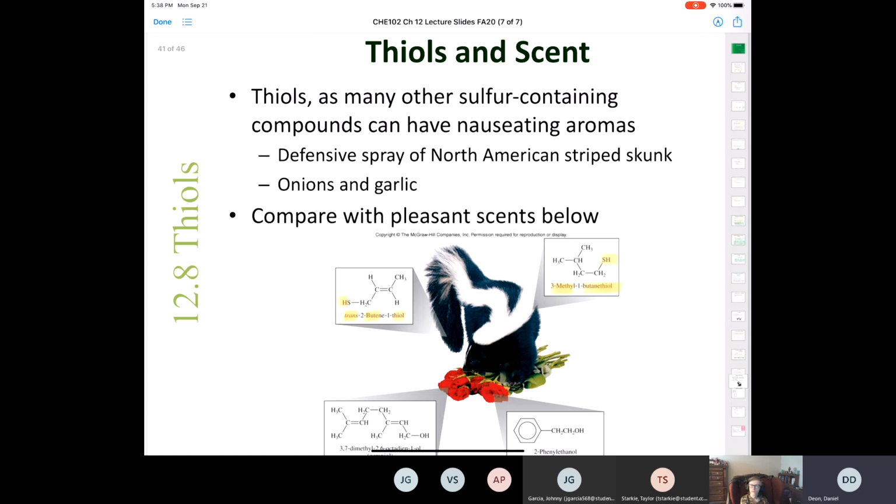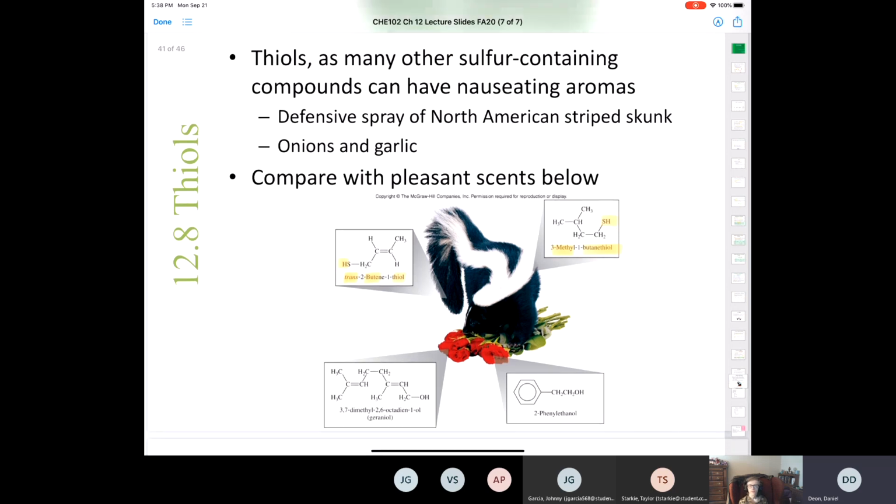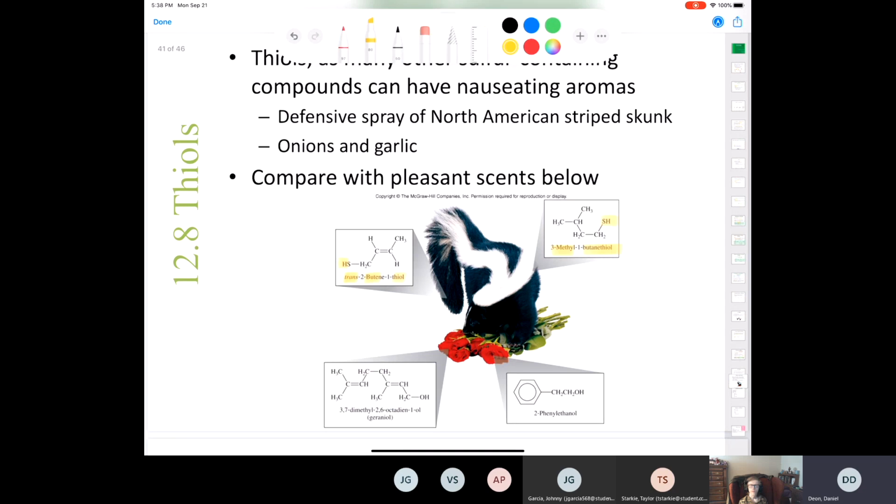I always thought this was kind of a funny picture. She actually compares them to the structures of some odors that come from geraniums. So you have this compound here, which is an alcohol, geraniol, and then you have 2-phenylethanol, which is another compound that gives geraniums their pleasant odor.